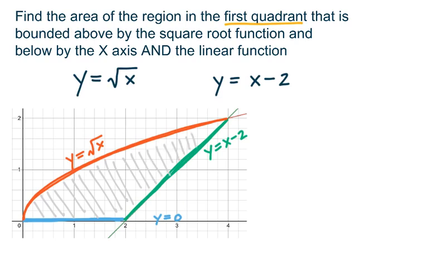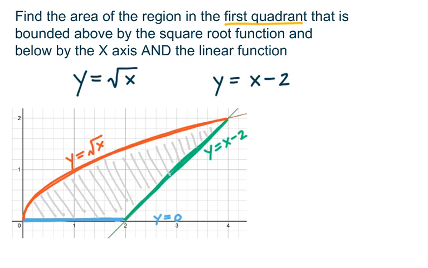So now I implore you to think here, what function is above and what function is below? And do we have the same function as the upper or lower bound for the entire problem?